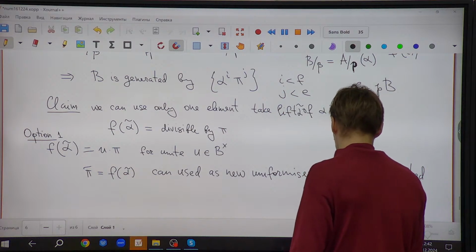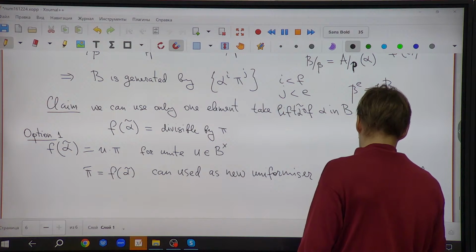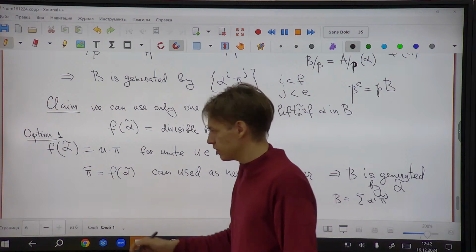B is generated by the powers alpha^i and p^j, and p^j tilde, and you can substitute this value.